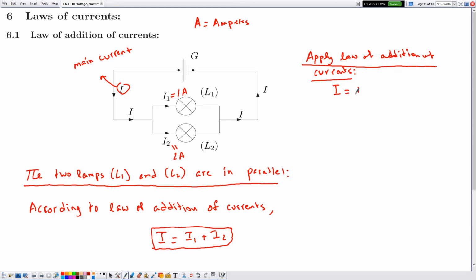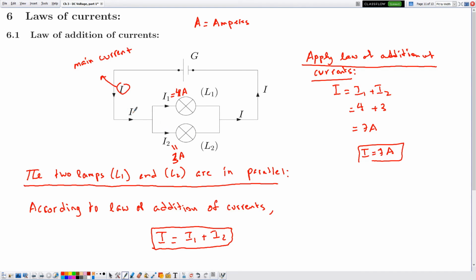Then I is given by I1 plus I2. Let me change it: let me make I1 equal 3 and I2 equal 4. So this is 4 plus 3, which gives 7. Since I1 is in amperes and I2 is in amperes, the value of I will be in amperes. Then the value of I is 7 amperes in this case.